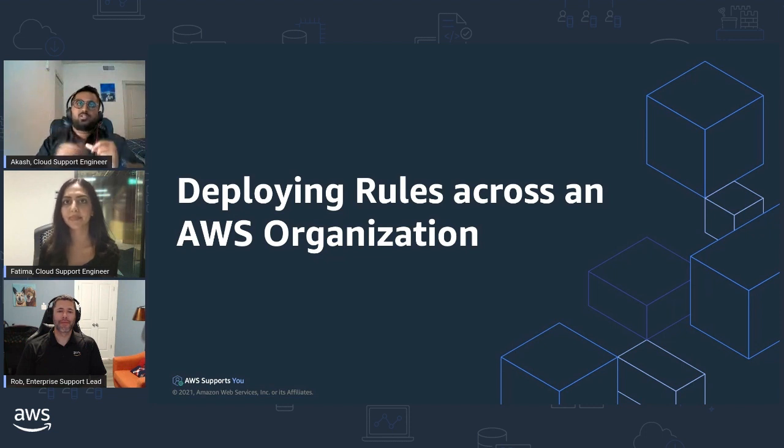This will give you an easier way to organize and deploy this to multiple accounts. Fatima is also going to go through how to deploy a conformance pack to organizations. But basically, it's an entity where you can deploy multiple rules at one single time. And there are use cases where you want to apply only one rule, so you can absolutely use both together as well.